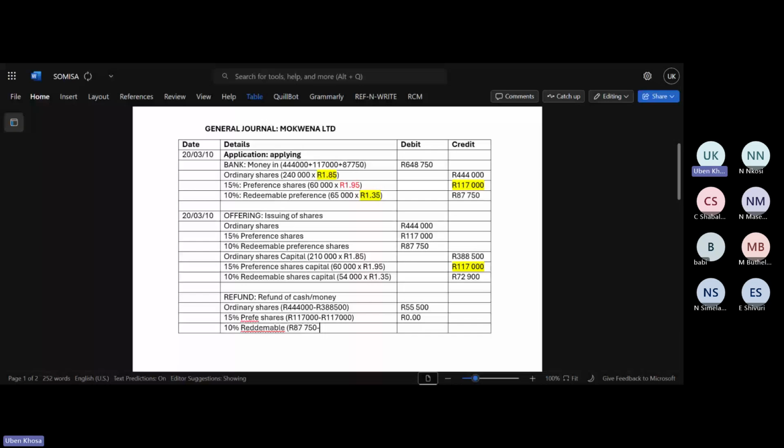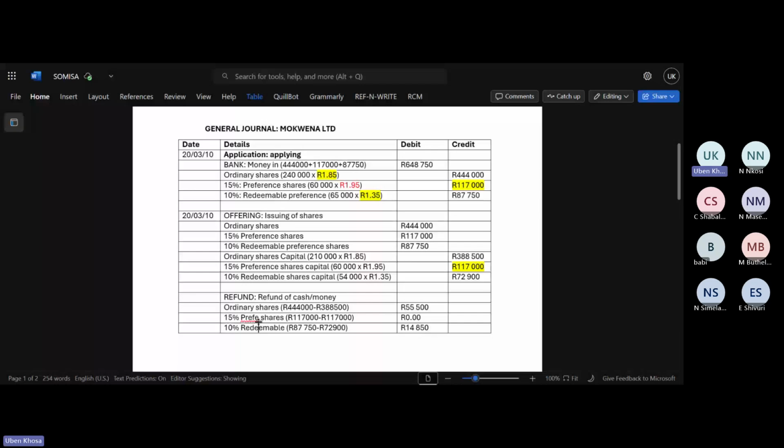Then let's see how much must be refunded. 87,750 minus 72,900, 14,850 must be refunded. Okay, fine. Now listen to me. During step 1, we said these people applied by sending money into our account. Meaning when we refund them, we must refund them with the money from our bank account.